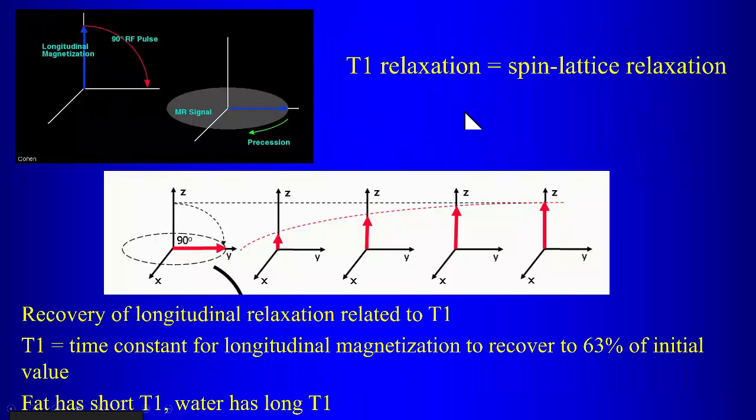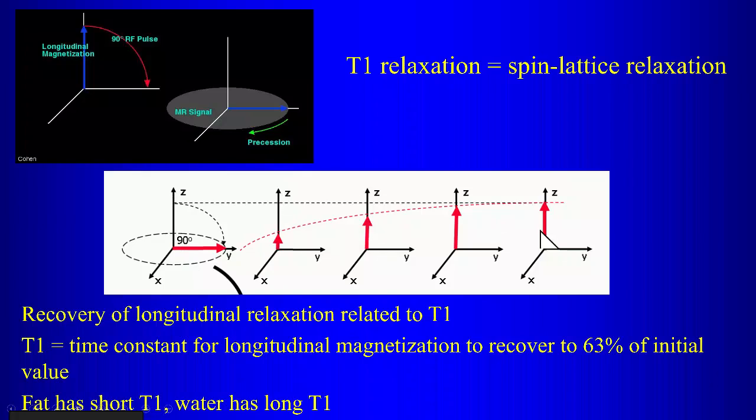So let's talk about these terms T1 and T2. T1 relaxation, the other fancy term for that is spin lattice relaxation. Once you've applied this radio frequency pulse, you've taken this net longitudinal magnetization and flipped it 90 degrees, but over time it's going to recover.